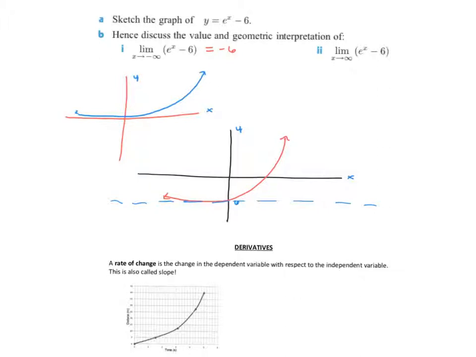What about the limit as your x values get more and more positive? Do you have a limit? Do you approach a value? No. A limit is, what value are you approaching? And if the answer to that is infinity, you say it doesn't exist because it doesn't approach a value, right?